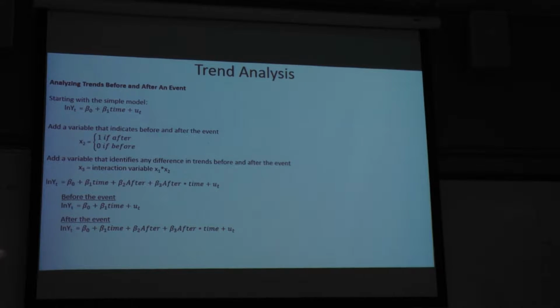After the event is the full model. We put ones where they belong. After's a dummy, it just indicates, yes, I'm after it. And then we collect terms, and we get that.